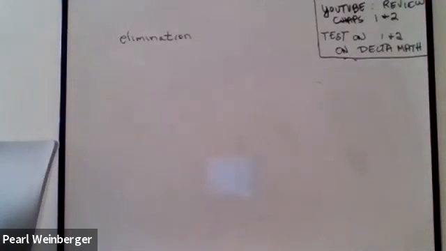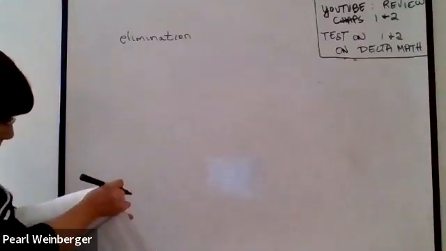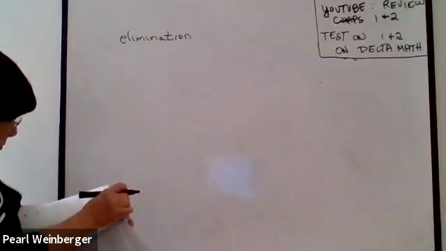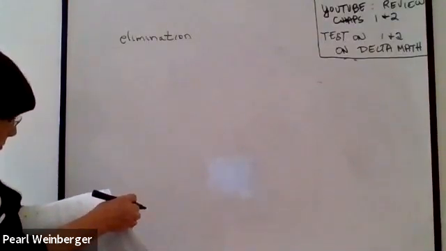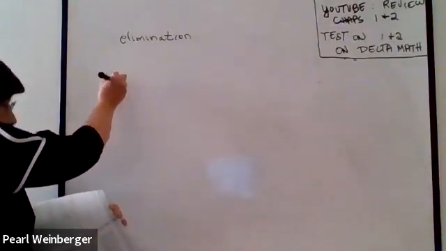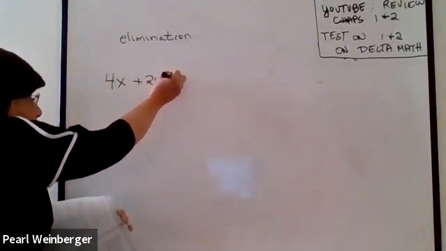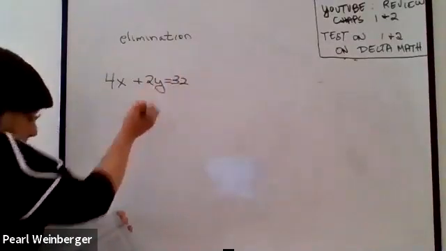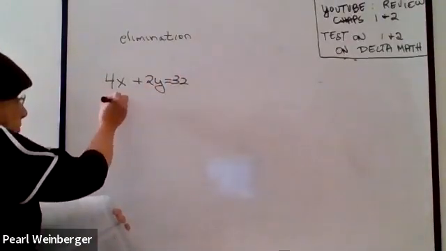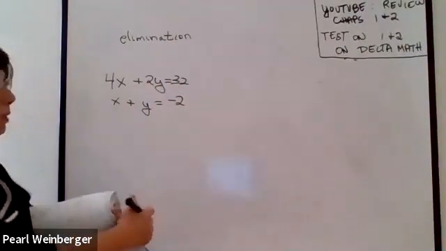Suppose I gave you this example. 4x plus 2y equals 32 is one equation, and x plus y equals -2 is our other equation.